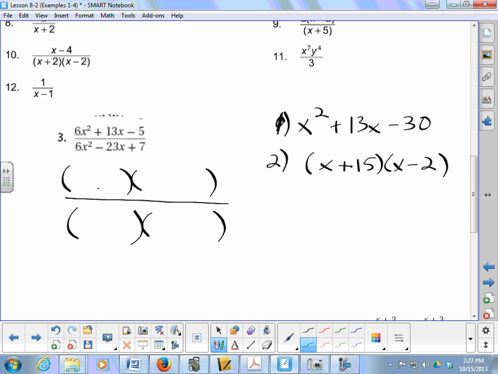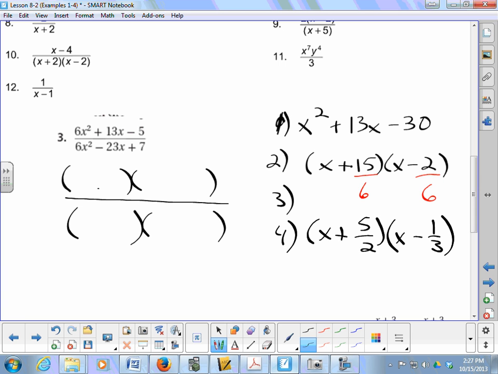Now our step 3 is, we're going to divide by a, so we need to divide 15 and 2 by 6, the value of a. We simplify that and we get x plus 5 halves and x minus 1/3.